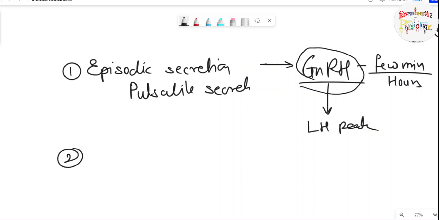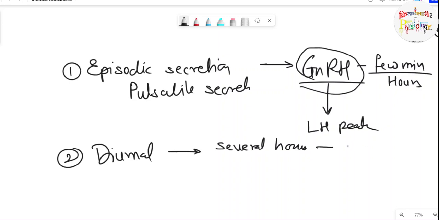Second one is diurnal secretion. Okay, so diurnal secretion of hormone lasts for several hours, but several hours in a day, meaning in a light and dark cycle.